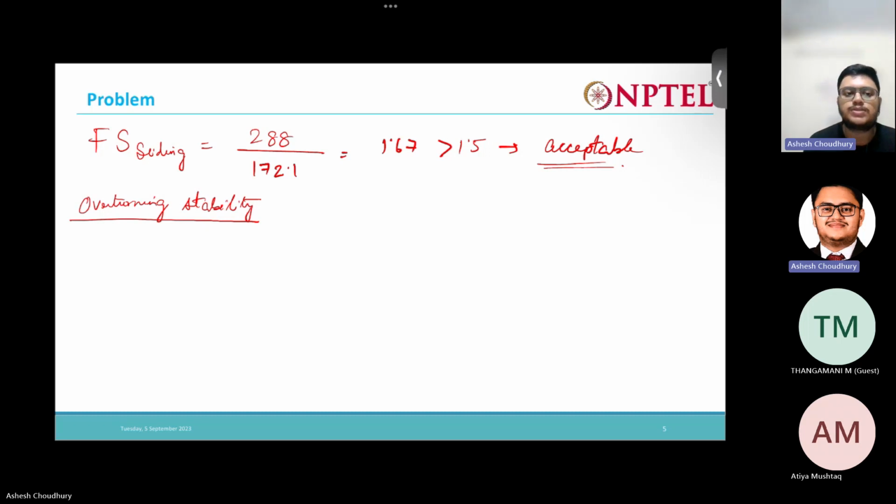So due to that, overturning stability is generally always satisfied.